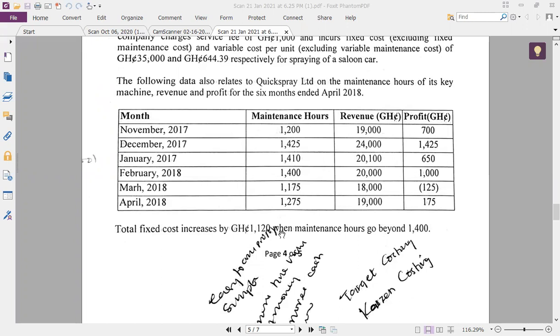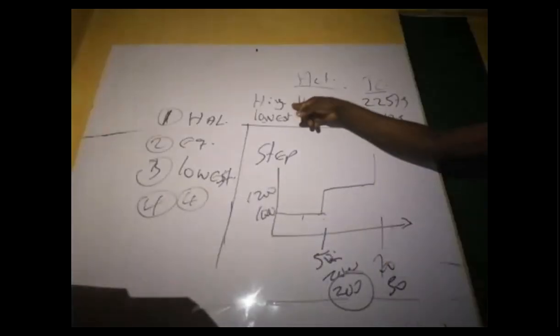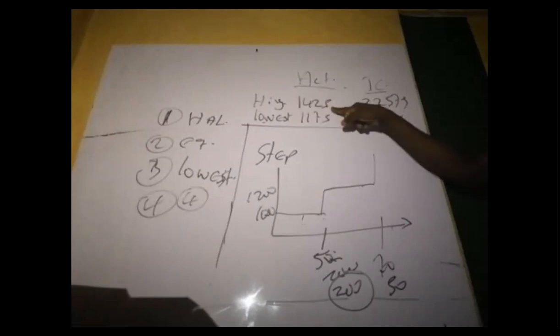So now, when they work beyond 1,400 hours, let's check the highest one first. Has it passed the limit? Yes. That means the fixed cost is in this end, so we have to take it off before we continue our calculation, because we don't flex fixed costs.